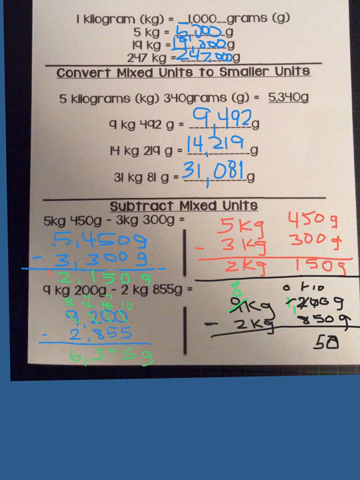And this 1 is going to become an 11. 11 minus 8 is 3. And then we can go over and do our kilograms. 8 minus 2 is 6 kilograms. So our answer is 6 kilograms and 350 grams.